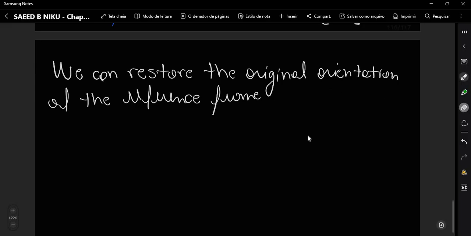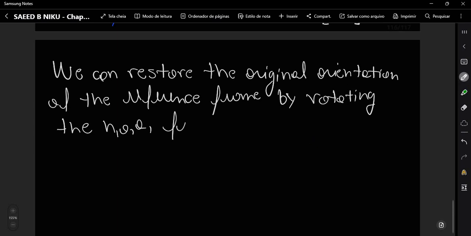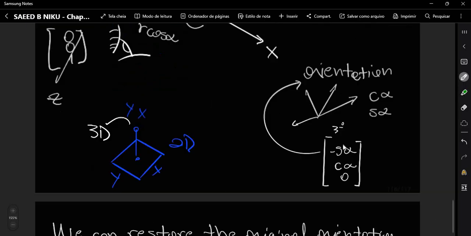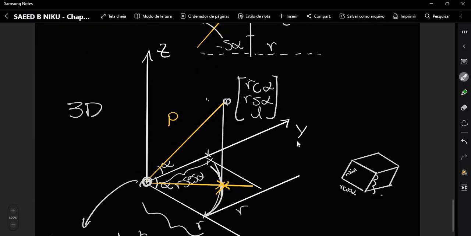We can restore the original rotation of the reference frame by rotating the NOA reference system or frame, which is the end of the vector and the point of the vector, the end effector.